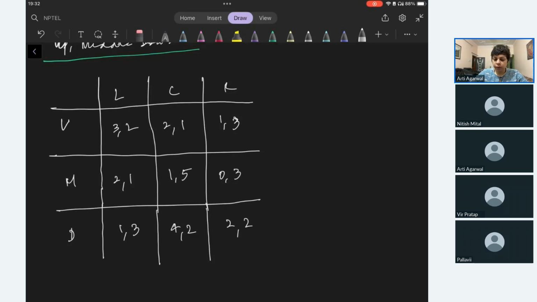And what we contend is that the mixed strategy up plus down is weakly dominating middle. So we delete the strategy middle, because middle is definitely not giving us a higher payoff in any scenario, right?